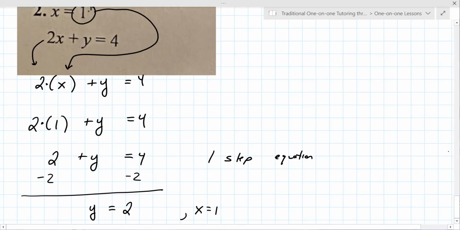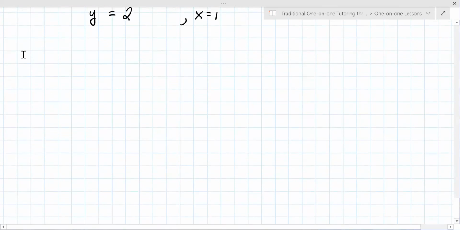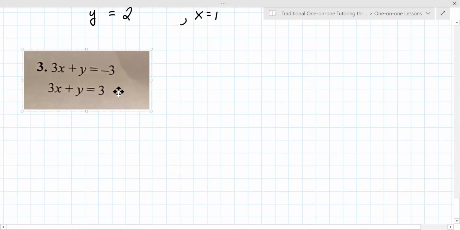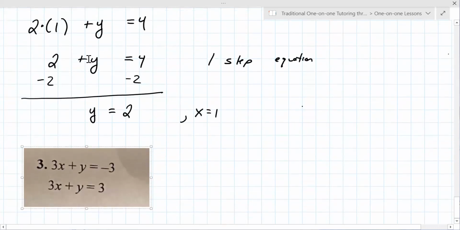That was given in the first part of the problem. So your answer is x equals 1, y equals 2. If you get all this down, you're in good shape.